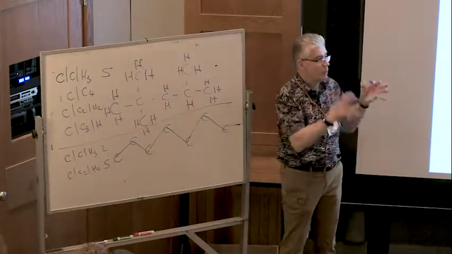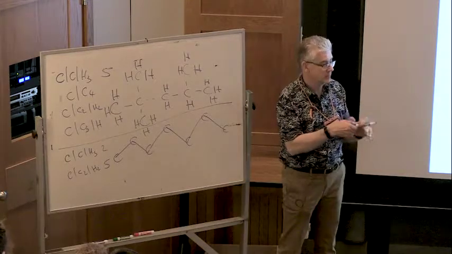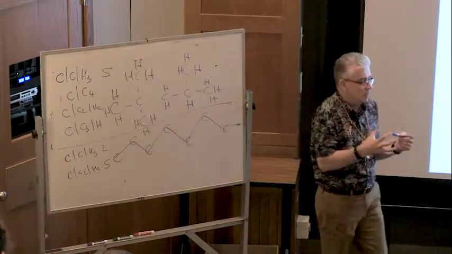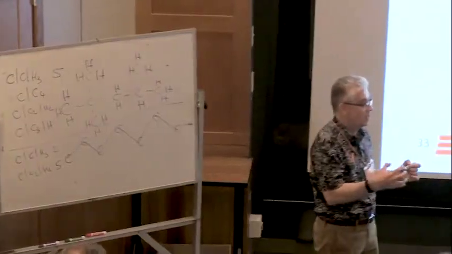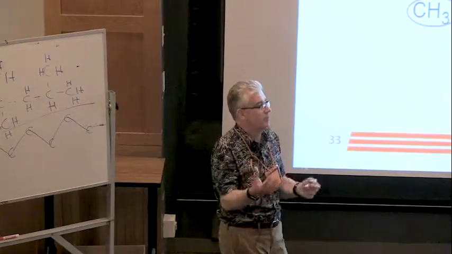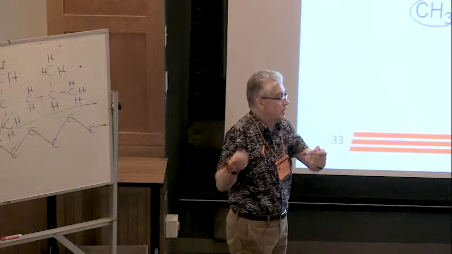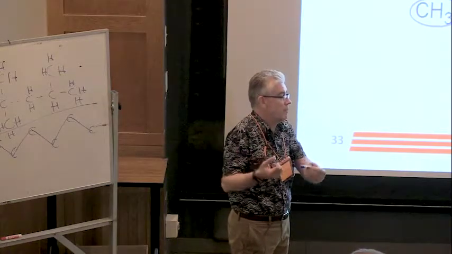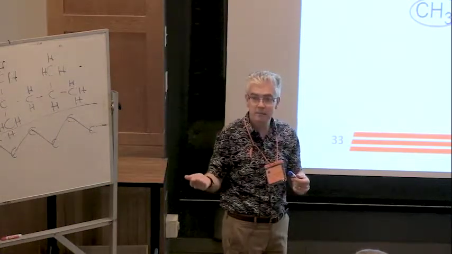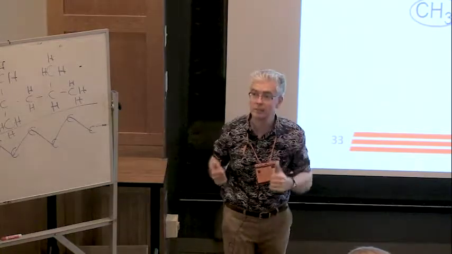Because of the branching in the molecule, you can't get away from that. Okay? And because they're proximate, the electron density around them will overlap with the electron density around the other hydrogen atoms, and that will increase the heat of formation. It'll make it higher than it would normally be in an alkane.